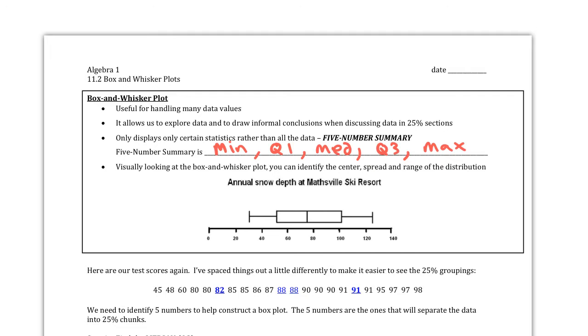And just up above in the bullet point, we talk about 25% sections. That's a really important part of a box and whisker plot, the idea that we are splitting up the data into 25% sections.